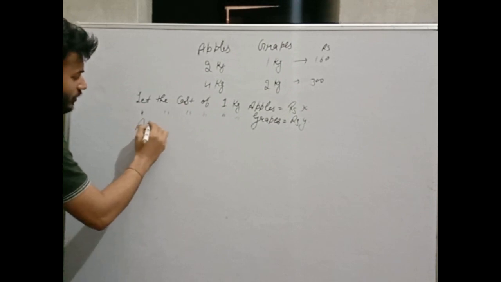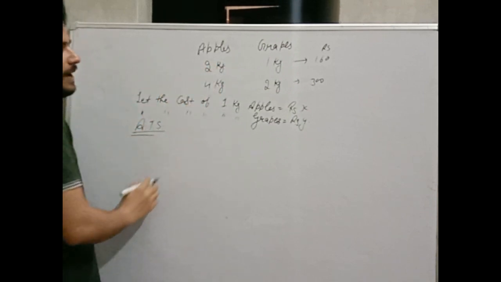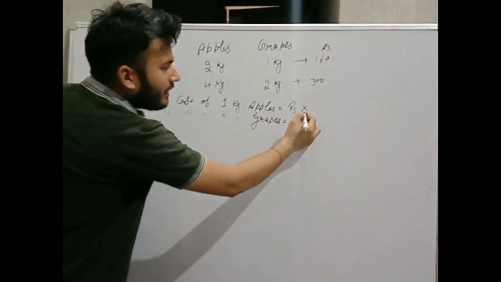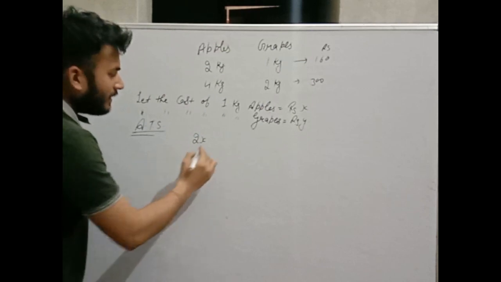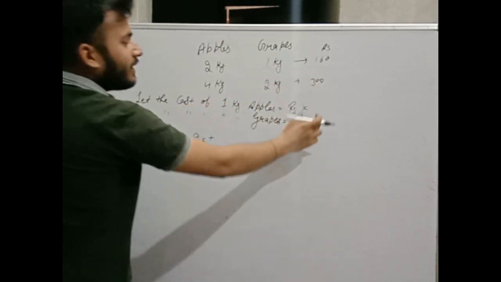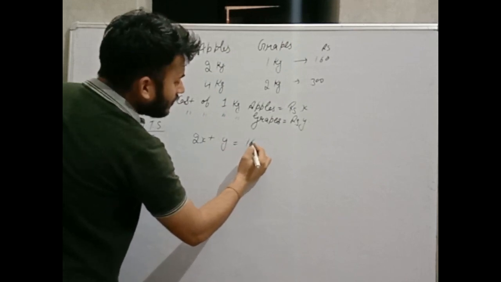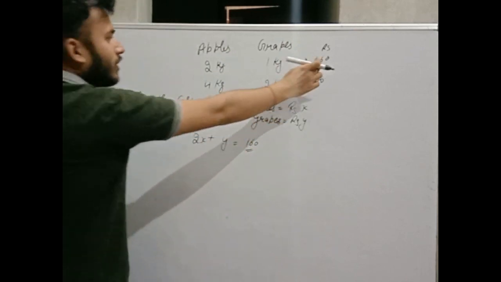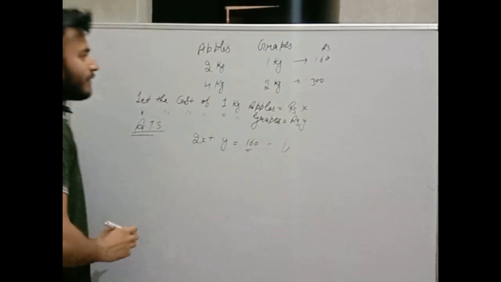Now according to the statement, if 1 kg apple costs rupees x, then 2 kg apples will be 2x, and 1 kg grapes is y. What is the total amount? Rupees 160. This is our first equation.